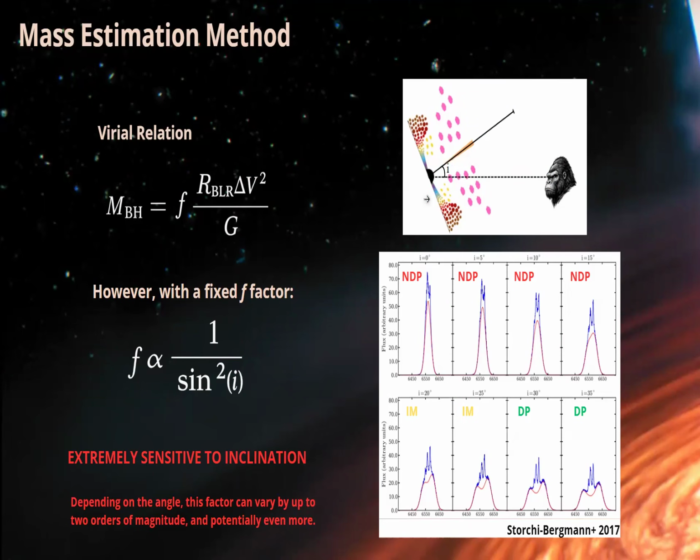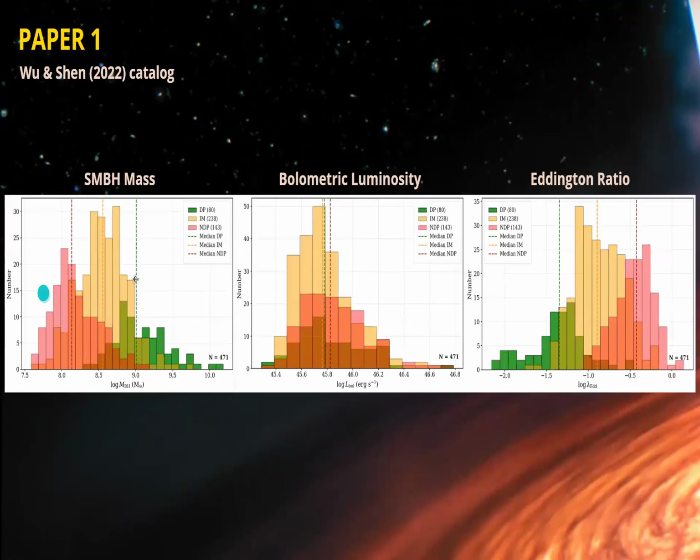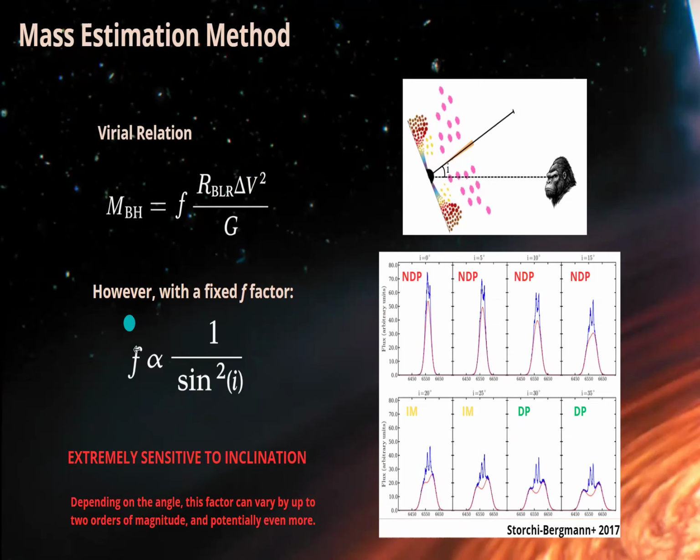So it's extremely sensitive to the inclination. And in the catalog, they assume the same F factor for all quasars. This is what leads to the mass segregation that I showed you. So double peaked quasars are not necessarily more massive than non-double peaked ones. It's just because they use only one F factor to do the calculation.